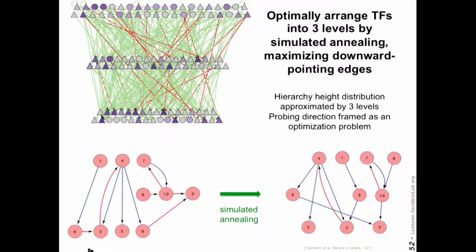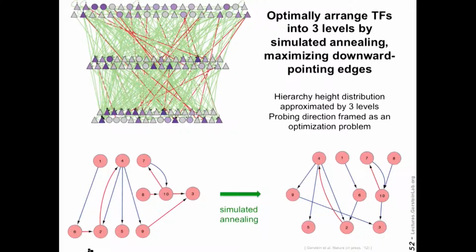That suggests that there are 3 levels to a network. So you can do a simulated annealing procedure, where you take the transcription factors, put them on 3 levels, and move them. To start, you can think of it as randomly moving them between levels.